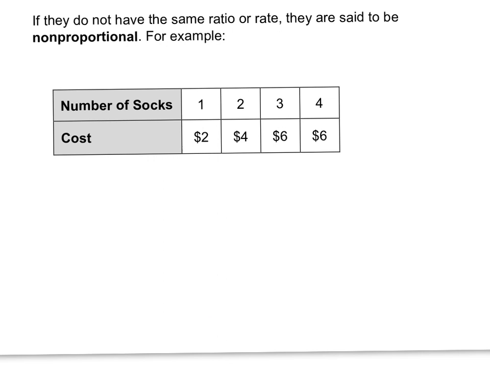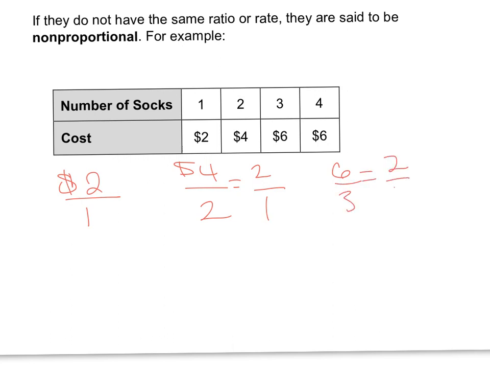Now, if they do not have the same ratio or rate, they are said to be non-proportional. In this case, for every $2, it is one pair of socks, and I need to make sure that it is consistent for all. So $4 to 2 reduces to 2 over 1. Then 6 over 3 also reduces to 2 over 1.